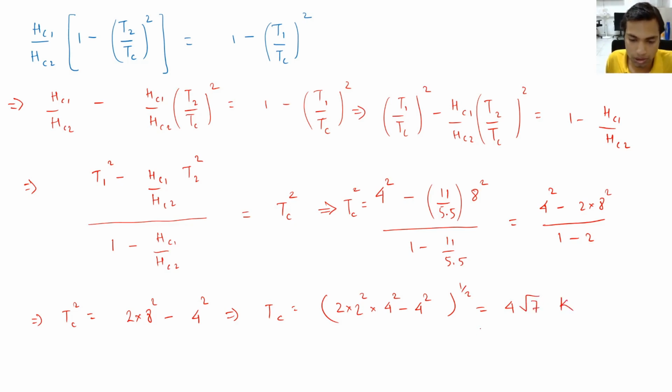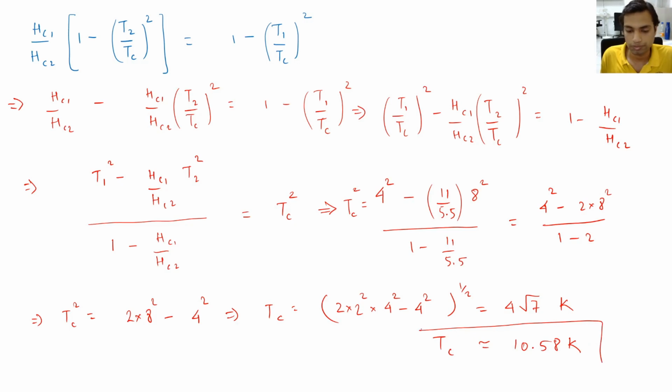So this is your correct answer, 4 into root 7 Kelvin, and if you calculate 4 into root 7, it will turn out to be around 10.58 Kelvin. So your critical temperature is around this value. Now let us go to the next question.